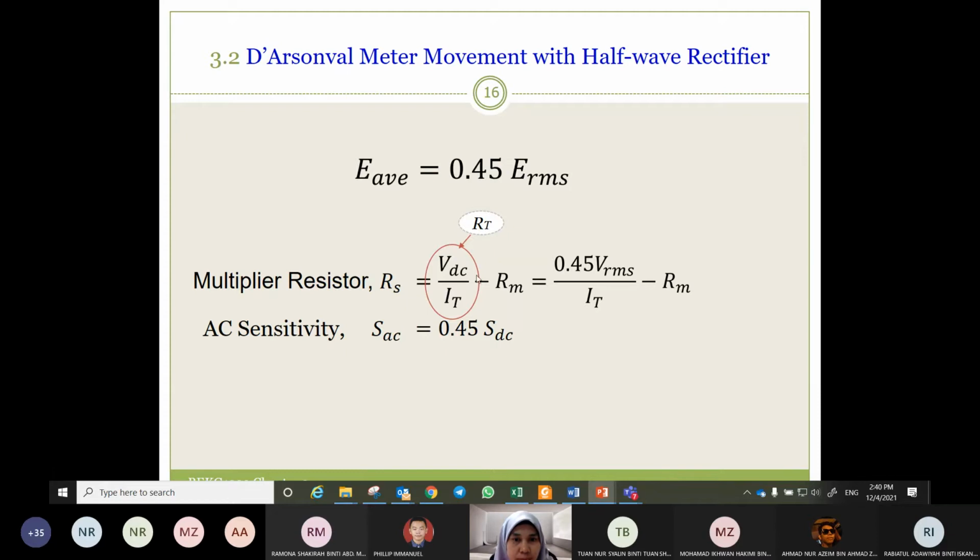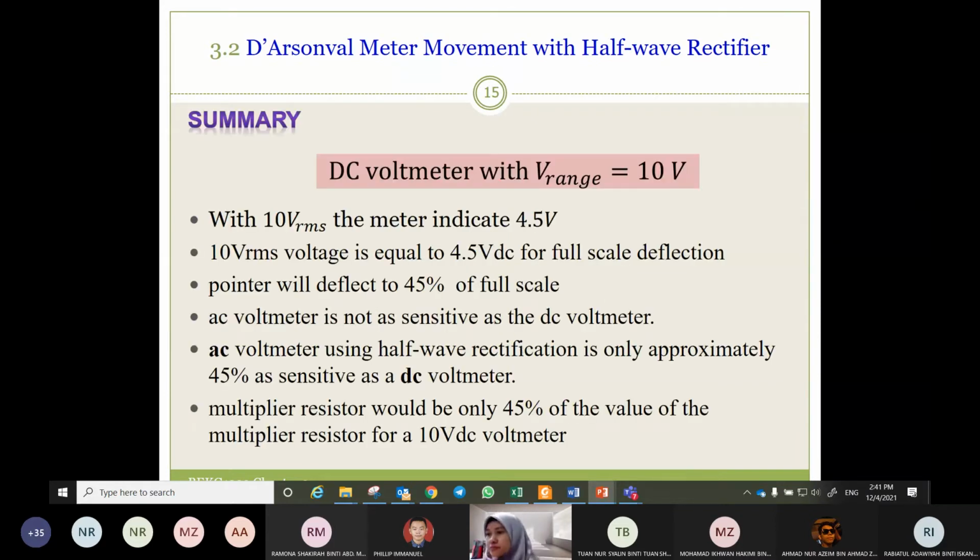We know that RS is equal to R total minus RM, right? R total is equal to V over I, so this is VDC divided by I total or I FSD. So VDC is equal to 0.45 of Vrms, and AC sensitivity for an AC meter is equal to 0.45 of SDC. Class, any question?